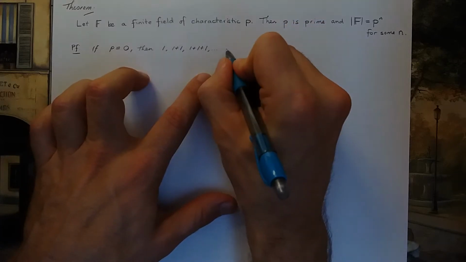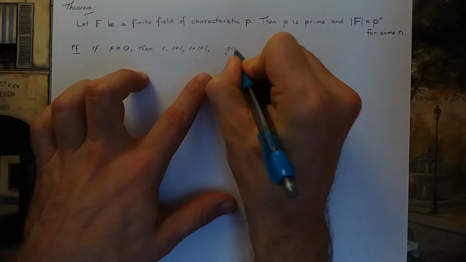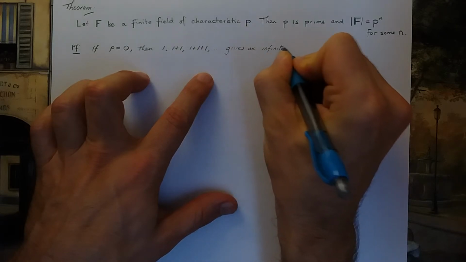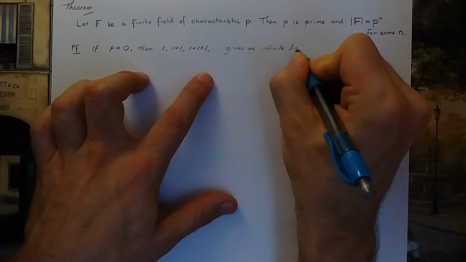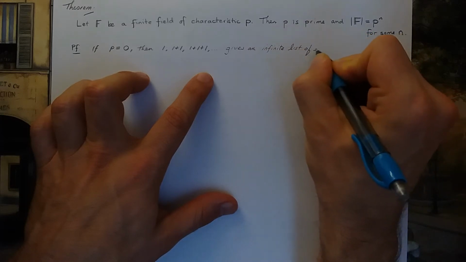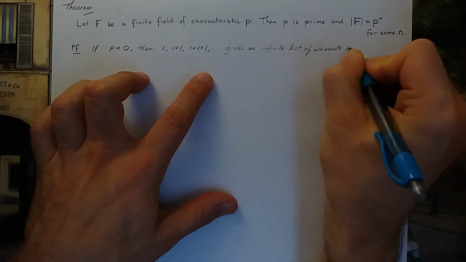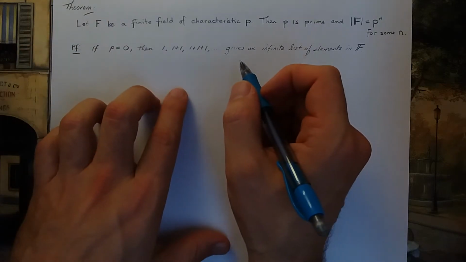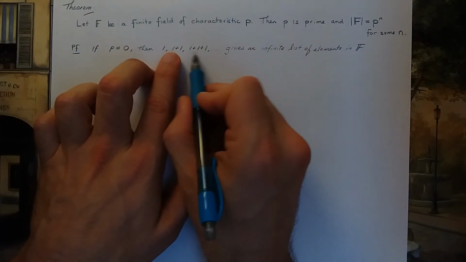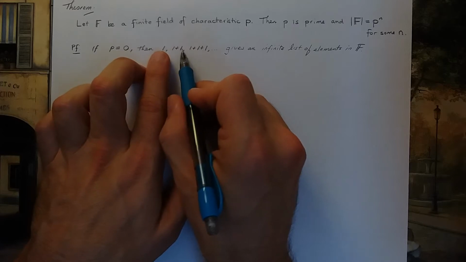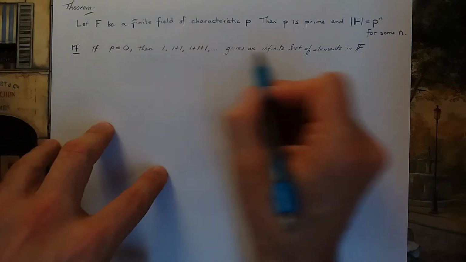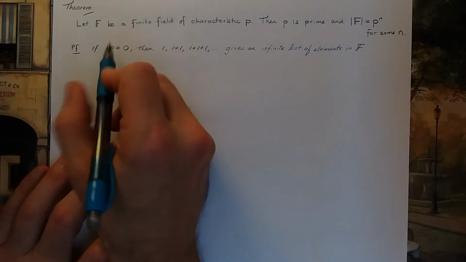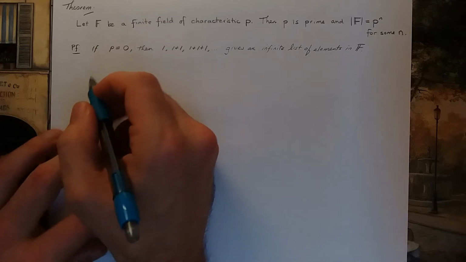Well, if that's the case, this gives an infinite list of elements in your field F, which obviously cannot happen because I have a finite field. If any two of these list elements happen to be the same, then you could subtract the smaller from the larger and you get a sum of 1s equaling 0. So the characteristic of a finite field cannot be 0.